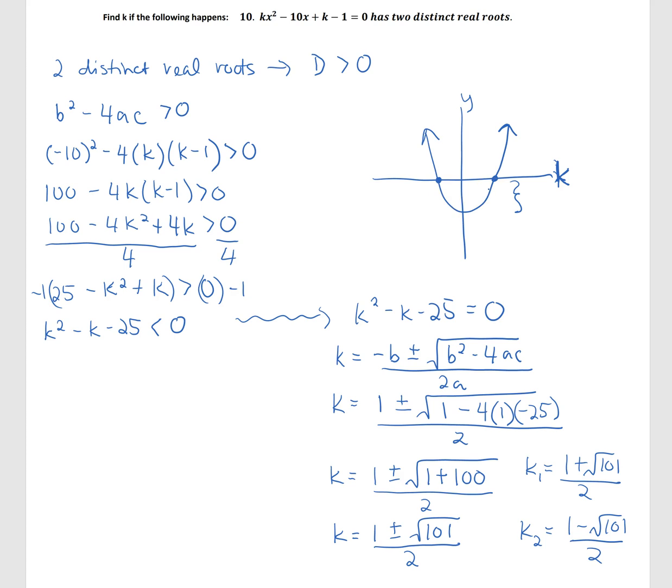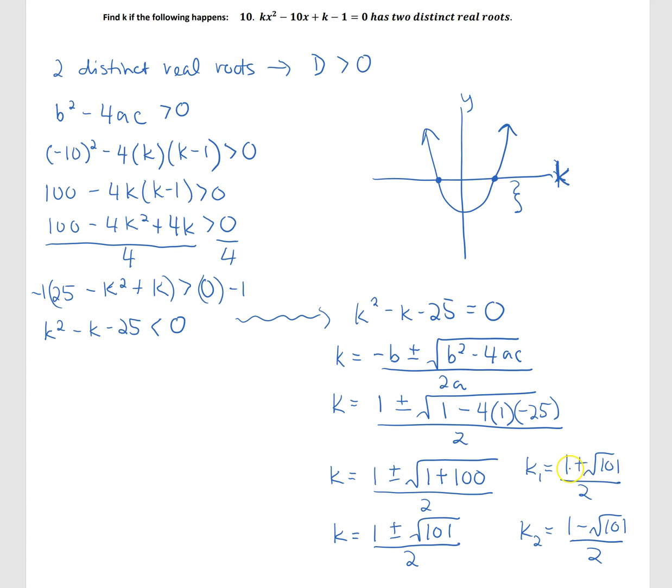To figure out which one's which, we can look at what numbers we have here and figure out which one's smaller and which one's greater. The square root of 101 is going to be around 10.